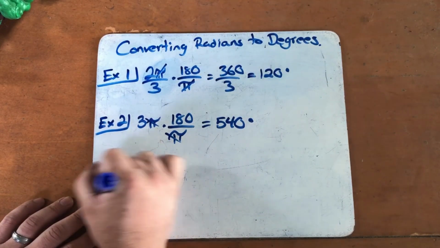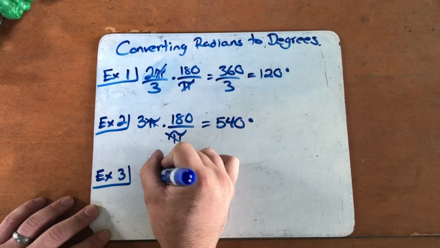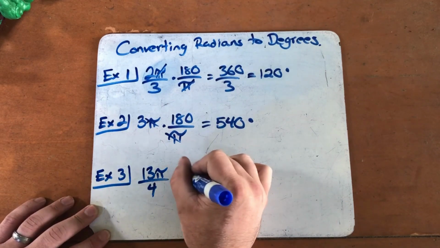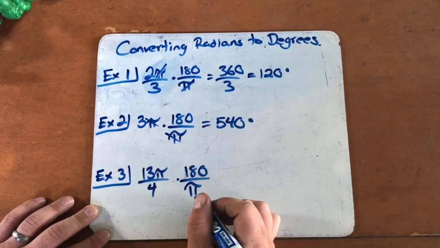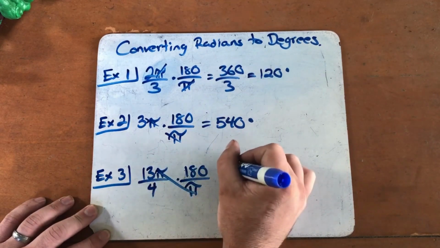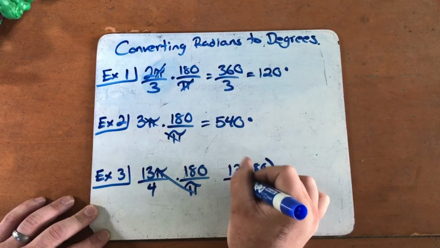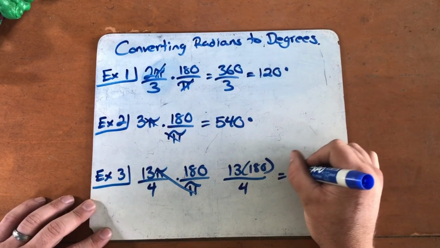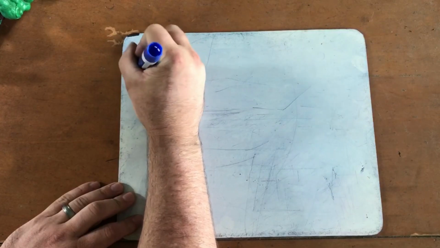Example 3, more of the same stuff. 13 pi over 4 times 180 over pi. Pi's cancel. I have 13 times 180 divided by 4, which equaled 585 degrees.